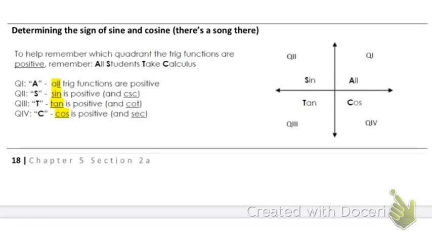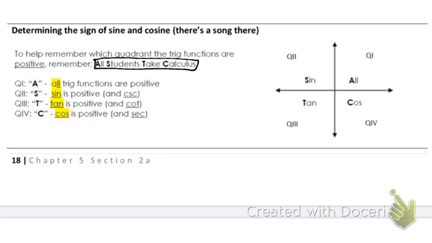Another thing we need to remember when we're dealing with the unit circle is this little saying here. All students take calculus. All students take calculus. What this says to you is in quadrant 1, all trig values are positive.